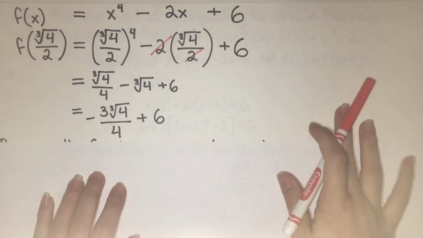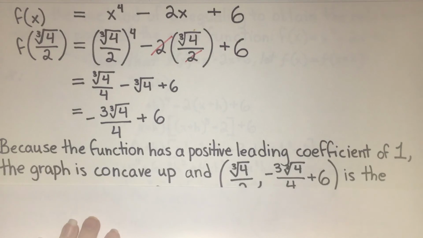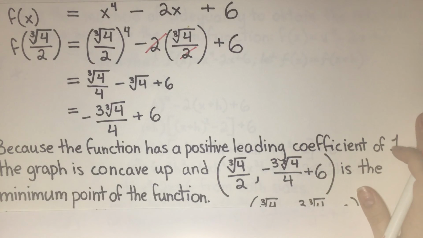Alright, now because the function has a positive leading coefficient of 1, the graph is concave up, and therefore the coordinate, the cubed root of 4 divided by 2, comma, negative 3 times the cubed root of 4 divided by 4 plus 6, is the minimum point of the function.